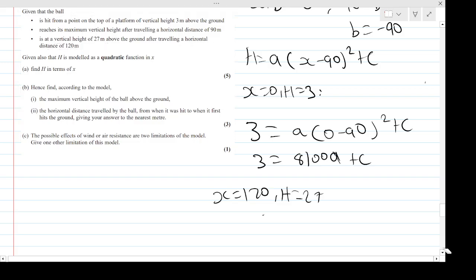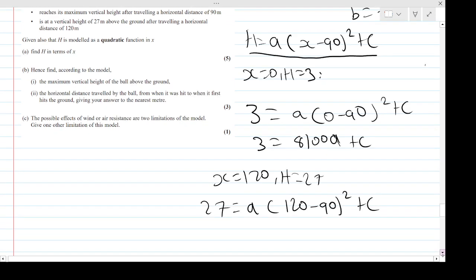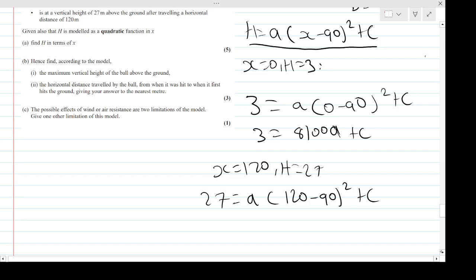And that's the whole idea, right? Is to convert the worded information into actual mathematical information. So convert that into what the value of x and h is, which we can use to substitute it in. Anyway, we can substitute that into our model here. So h is 27. That would be a lots of 120 take away 90 all squared plus c.